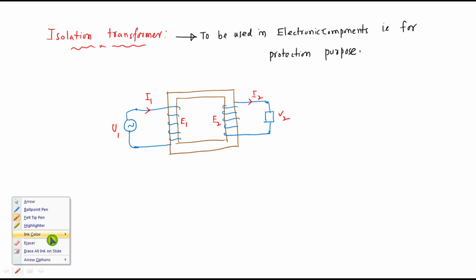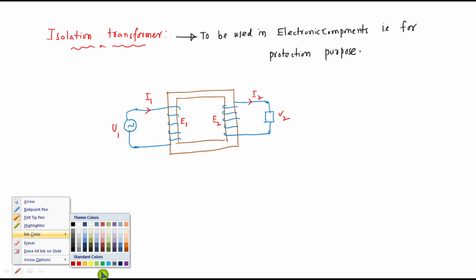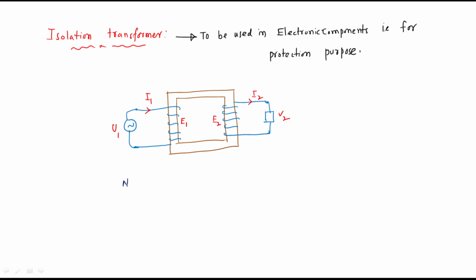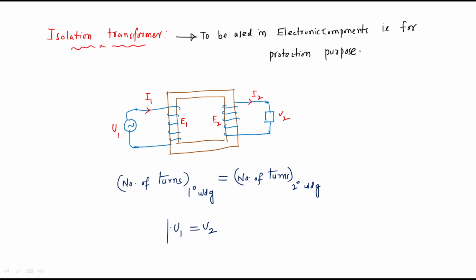Here the number of turns across primary winding should be equal to the number of turns across secondary winding, right? That is, V1 should be equal to V2. That is called isolation transformer.